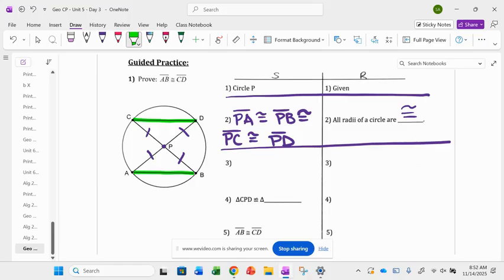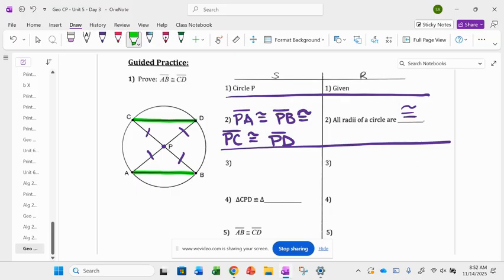So as of right now, there's nothing from my given information that leads me to be able to say that they're congruent. But aren't they each part of a triangle? If I'm able to get the two triangles congruent, doesn't every part that matches up also have to be congruent? So this is my goal right now.